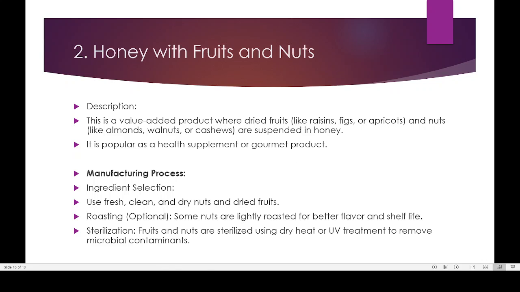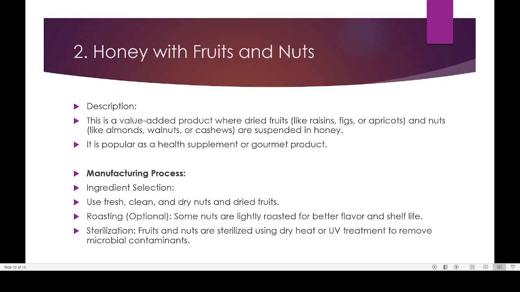This is how the product appears. It's normal honey, and in the honey we put products like almonds, raisins, or figs. So that becomes a different type of product, popular as a health supplement.